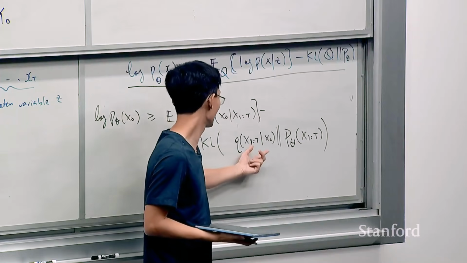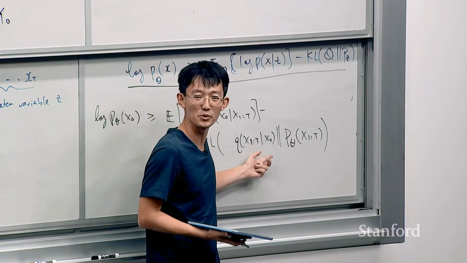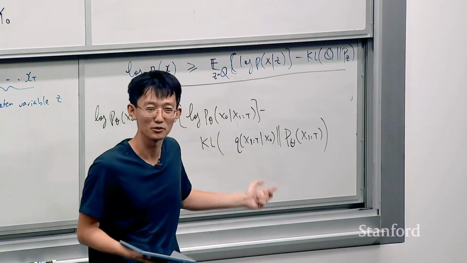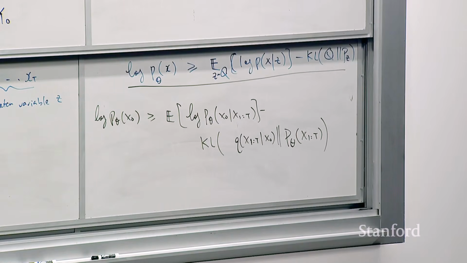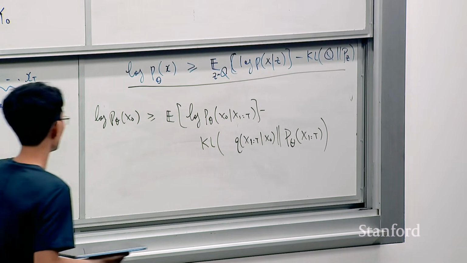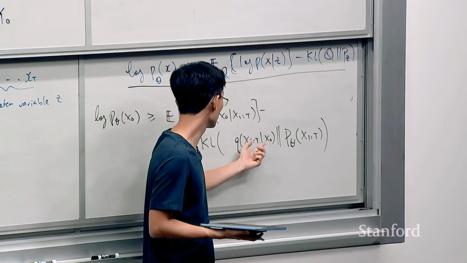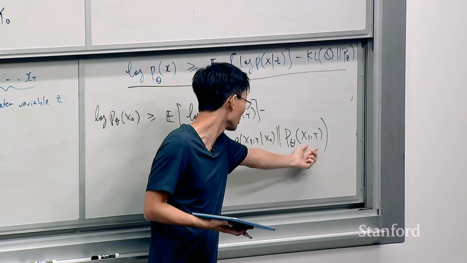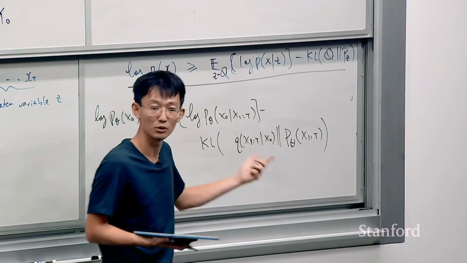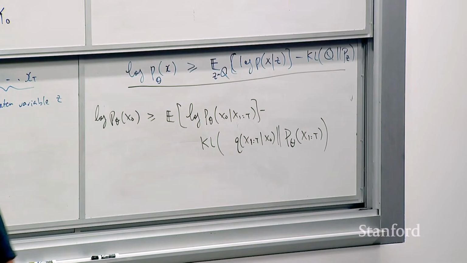By the way, here this is interpreted as a distribution as opposed to a scalar. In the lecture notes I'm using the more formal notation, but here I just use the informal version. This is a distribution of x1 to t given x0, this is a distribution of x1 to t under p theta, and you are looking at the KL divergence between the two distributions.